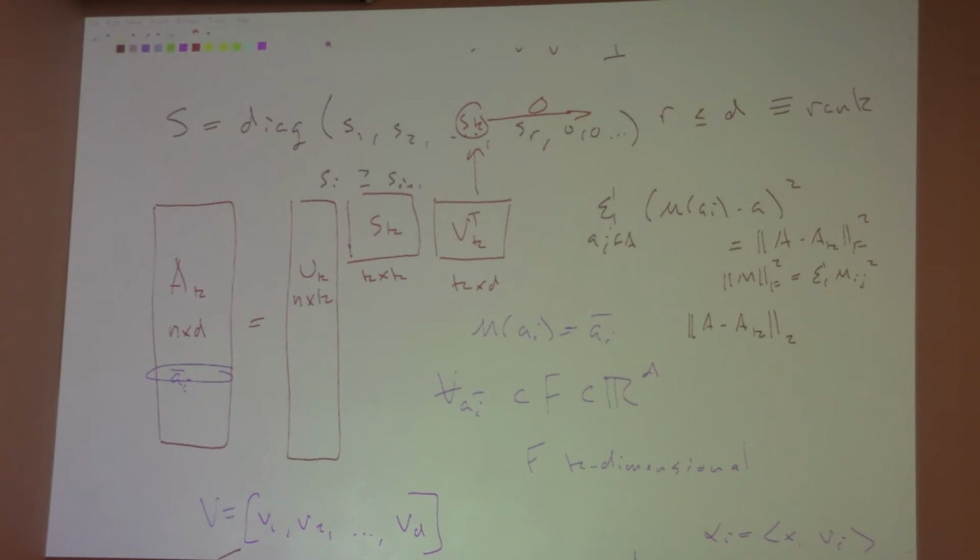So if I look at the spectral norm, this is equal to the max over all x that are non-zero, basically, or unit vectors, of the norm of Mx.